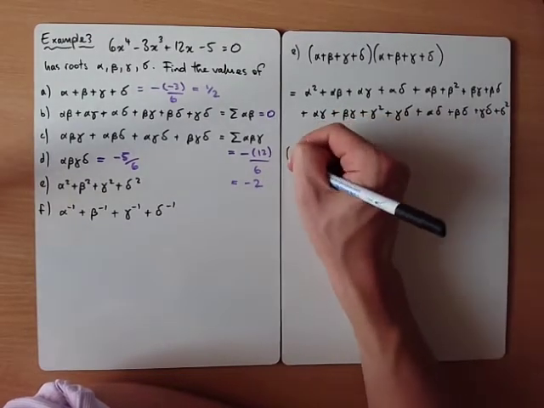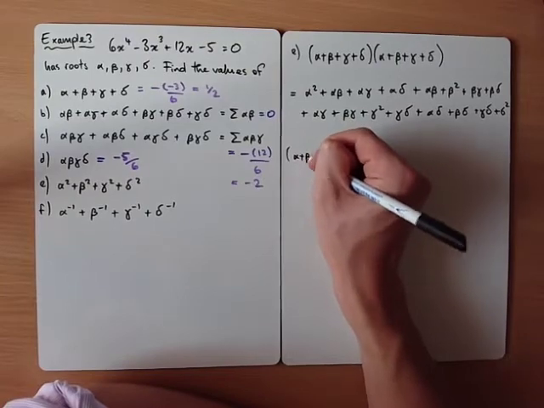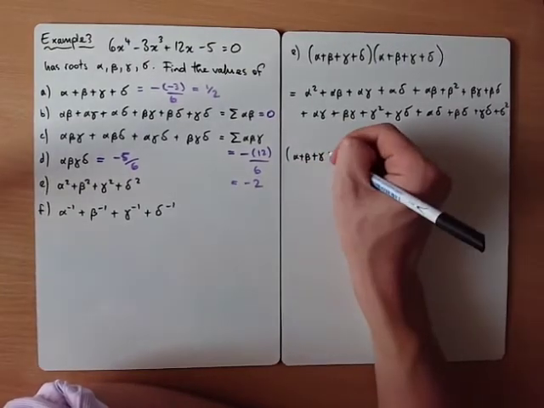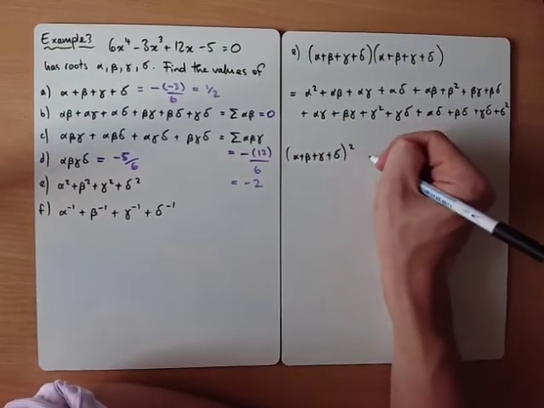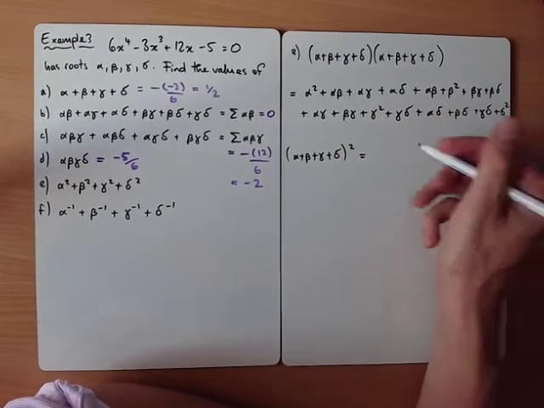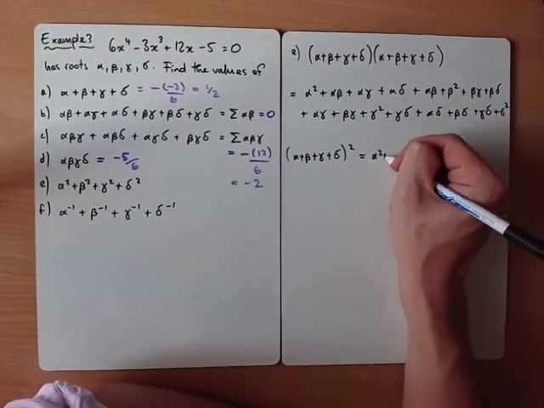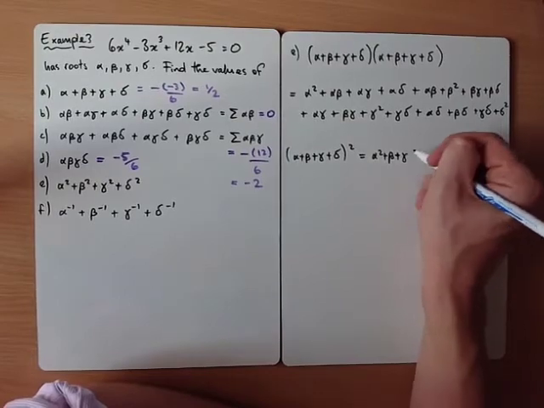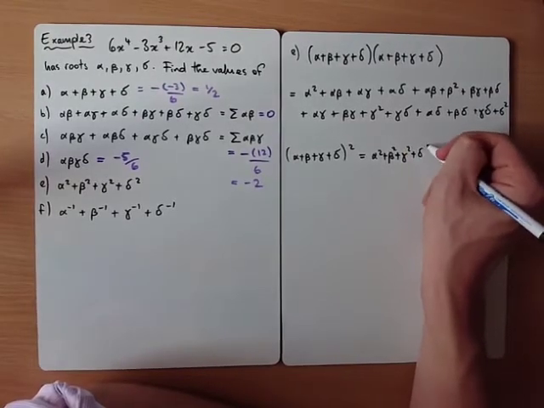In other words, alpha plus beta plus gamma plus delta squared would be the same as all those squared terms, alpha squared plus beta squared plus gamma squared plus delta squared.